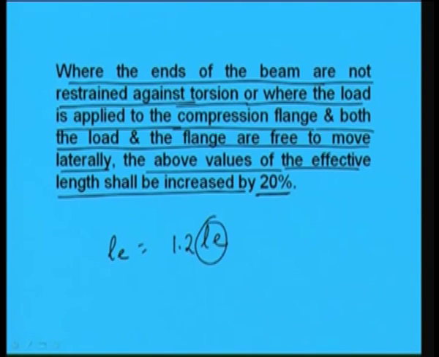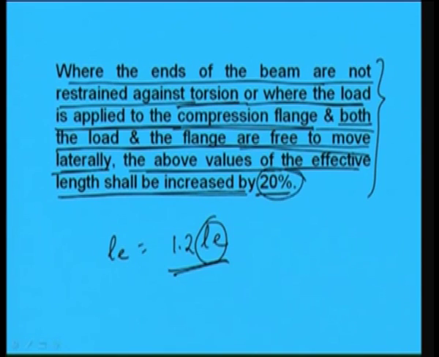Whatever LE value we got from the table earlier can be increased up to 1.2 L. Let me again reiterate, that is where the ends of the beam are not restrained against torsion, or where the load is applied to the compression flange and both the load and the flange are free to move laterally, the above values of the effective length shall be increased by 20%, right.